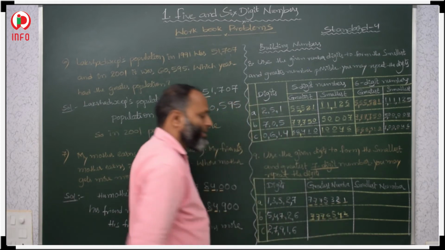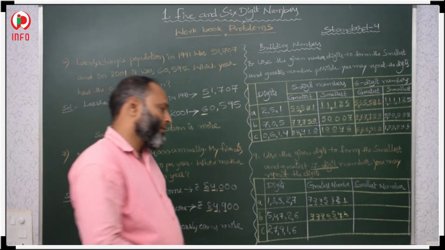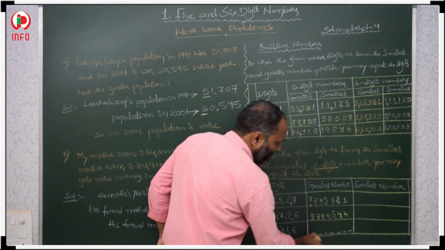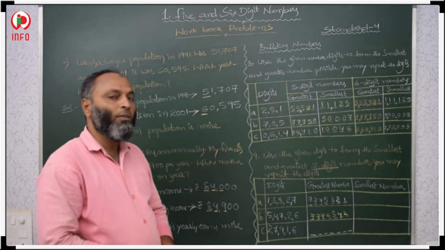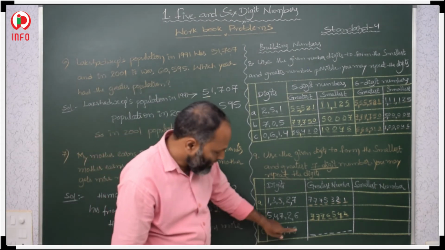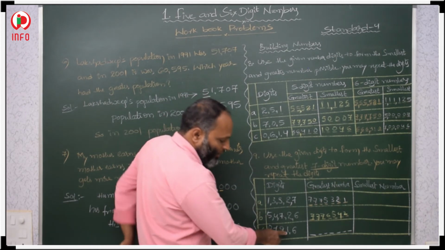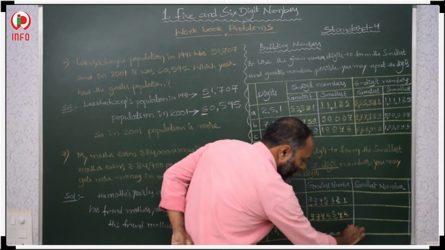This we have to write as the greater number. Again, how to write the greater number? First, the smaller number we have to take in the ones place. What is the smaller number here? Smaller number is 1, so this we take in the ones place.